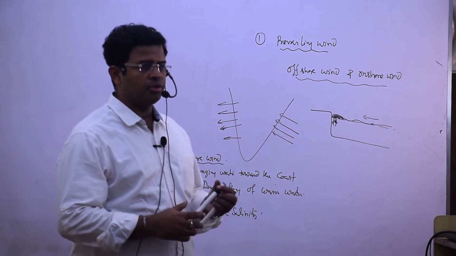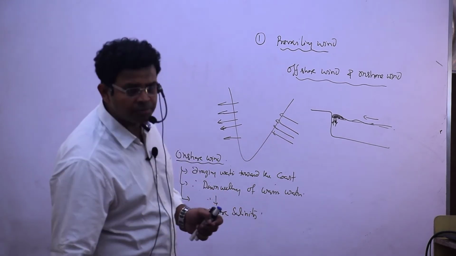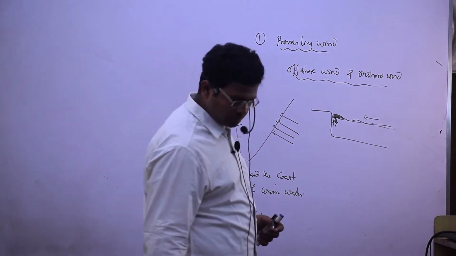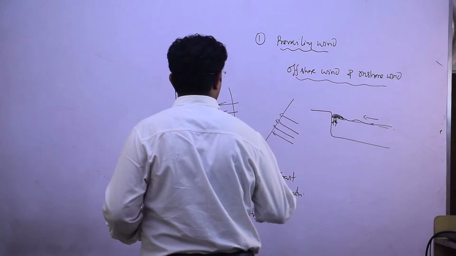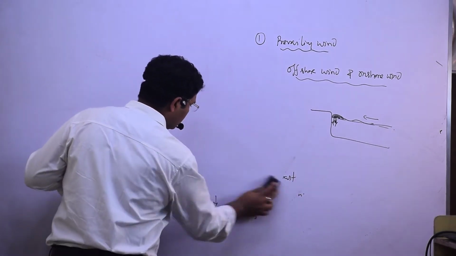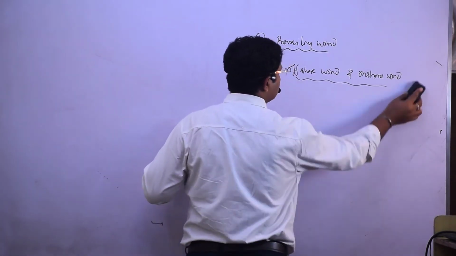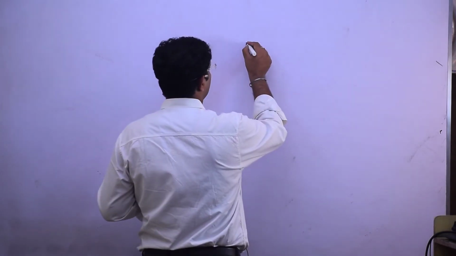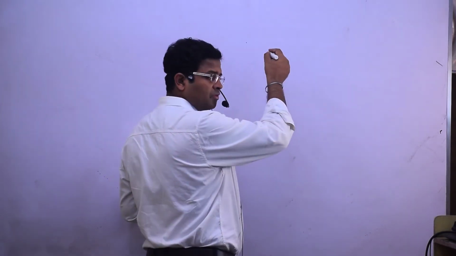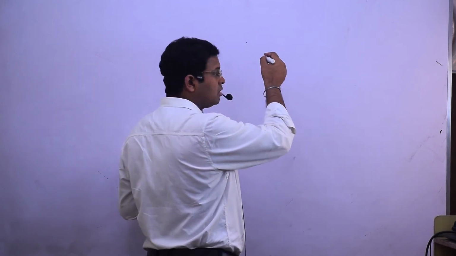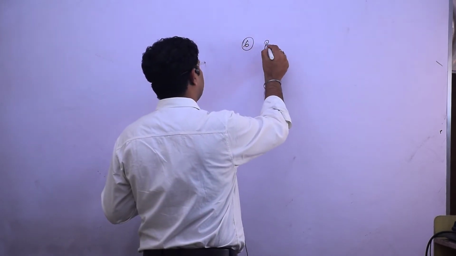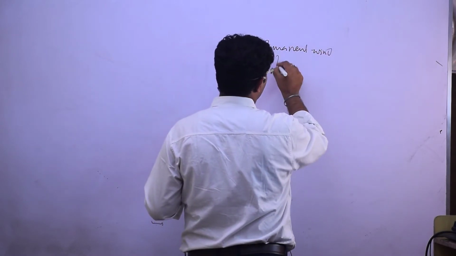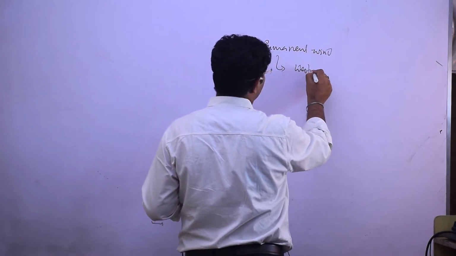So which wind have we seen? Prevailing wind. Another, which point was it, fifth or sixth? Sixth, it is a permanent wind. And in permanent wind, which is the most effective one that we have just done? Westerlies.